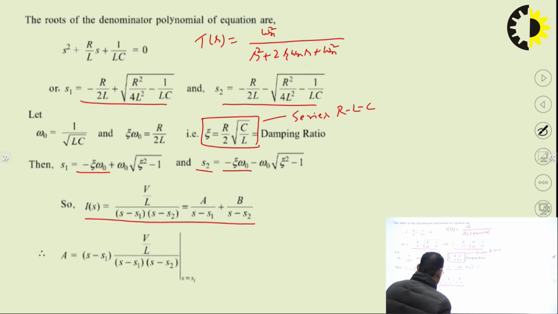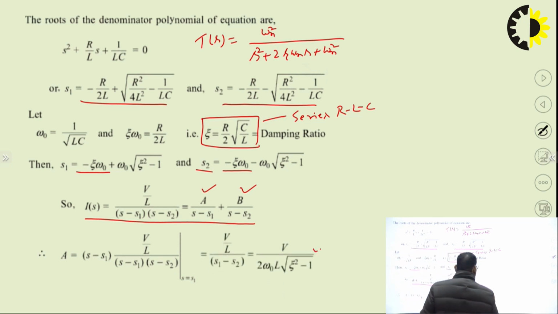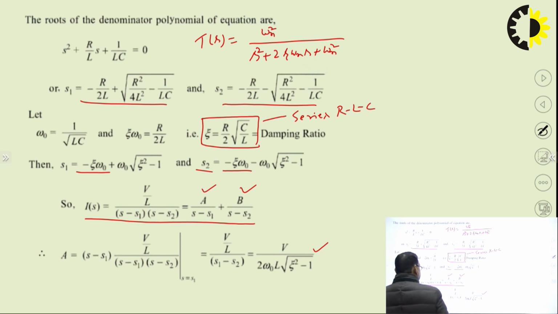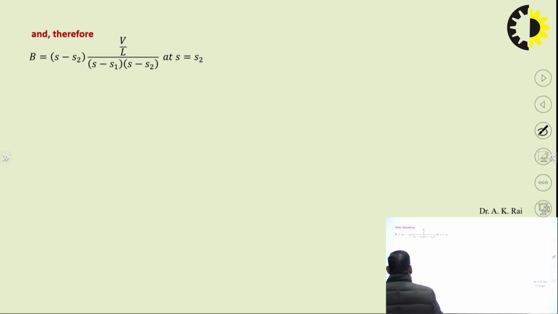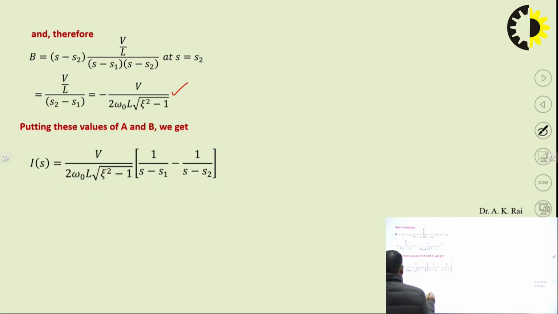So we can find the coefficients A and B just using the Heaviside expansion theorem. A is coming this much. Similarly, we can get the coefficient B, or we can say the pole residue at S is equal to S2. So B is this much. Putting this value of A and B, we get I(S).